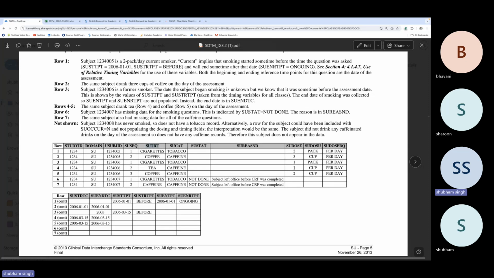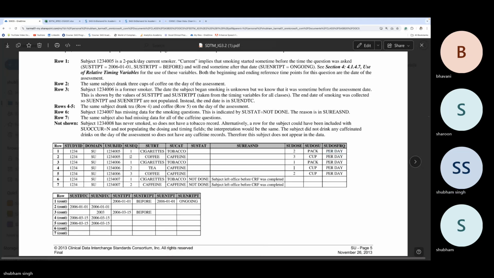SUTRT is one of the important variables, which contains what substance this patient was using. So subject ID 1234055 was using cigarettes. That comes under which category? Tobacco category. How many doses will he take? 2. And the substance dose unit is pack. It's not 2 cigarettes, he was having 2 packs of cigarettes. What is the frequency? Per day.